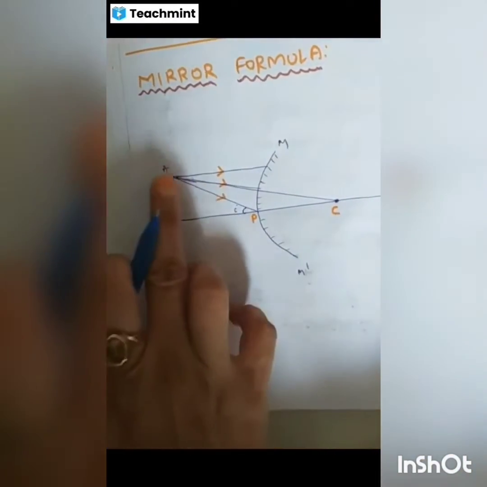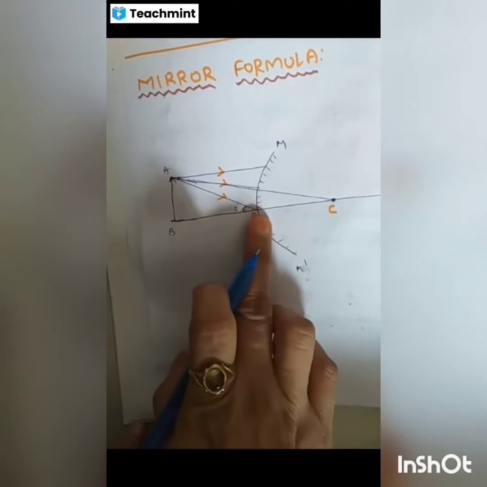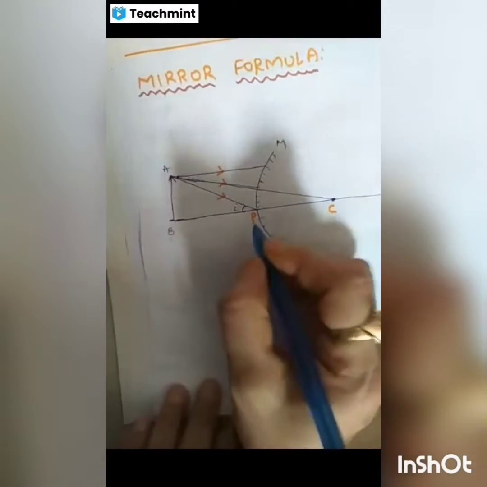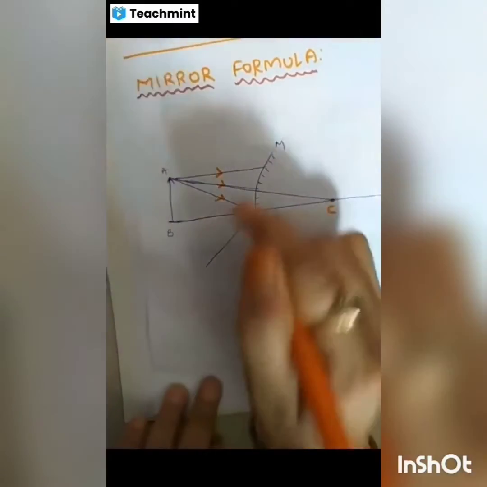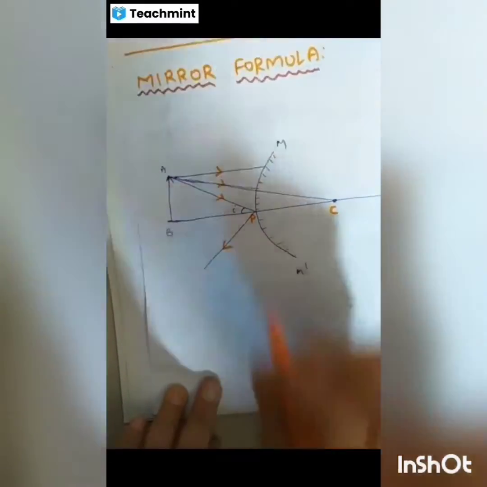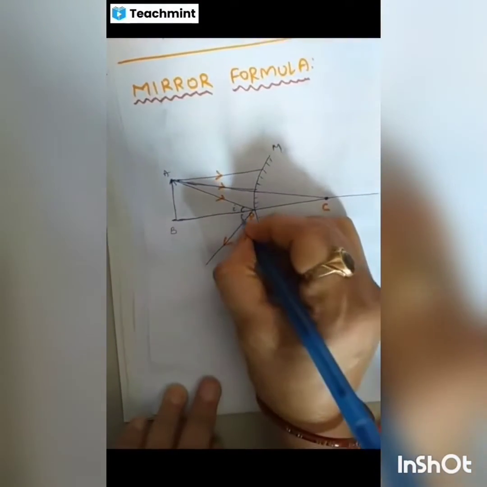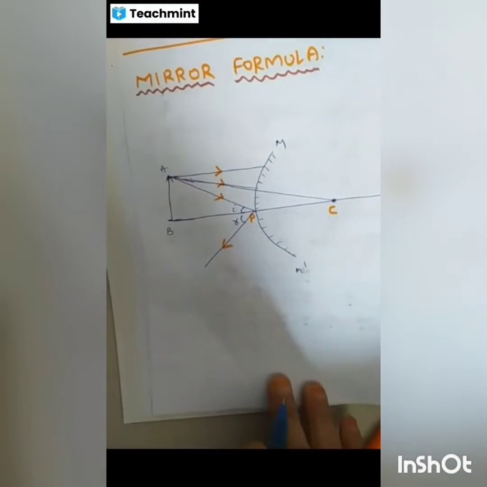A light ray which is incident at pole obeys all the laws of reflection. That means it reflects in this direction. Obeys all the laws of reflection means we can say I is equal to R. So we can take this as our angle of reflection.